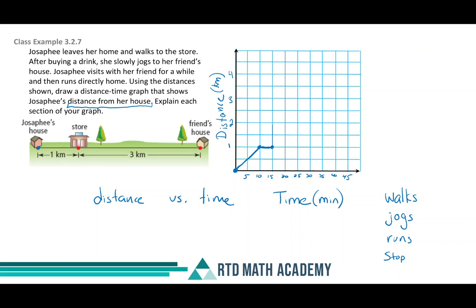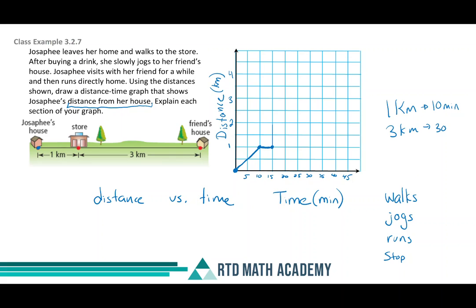Okay. And I can see if she's jogging, then she's actually going to be faster than if she was walking. So if I'm going to go 1 kilometer in 10 minutes, if I was staying at that rate of 1 kilometer in 10 minutes, now I'm going to go 3 kilometers.